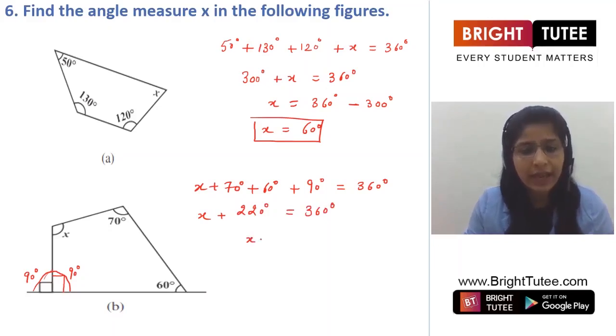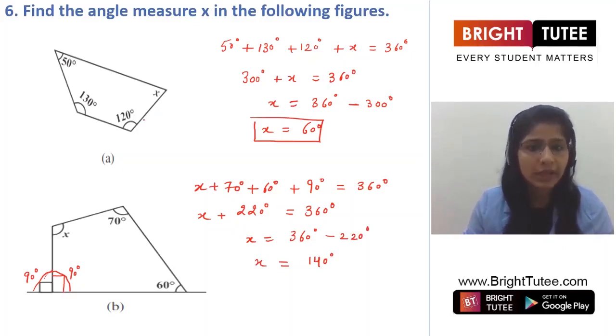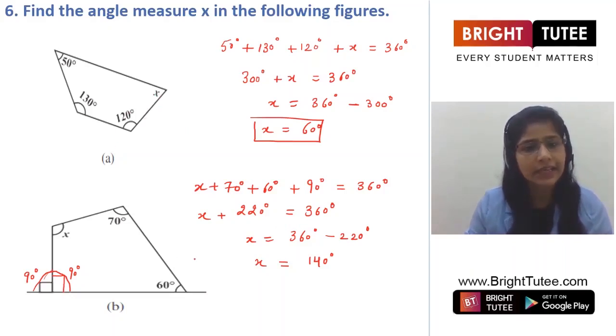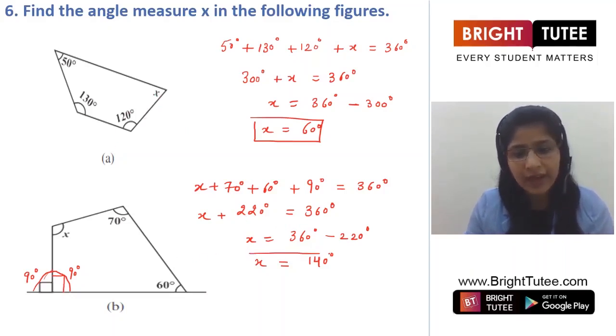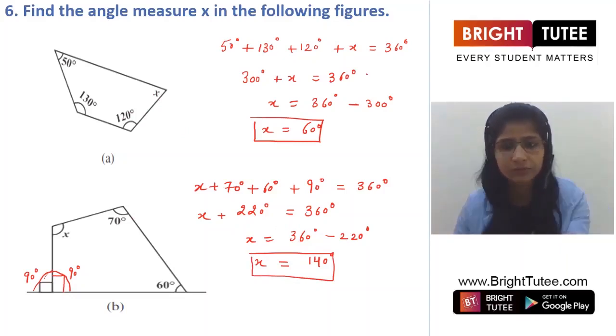So x is equal to 360 degrees minus 220 degrees. Solving it, we get the value of x as 140 degrees. Clear? This is how we solve the questions of polygons where in a quadrilateral one angle is asked and the rest are given to us. So the final answer for the second part is 140 degrees.